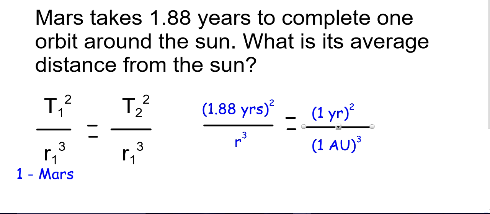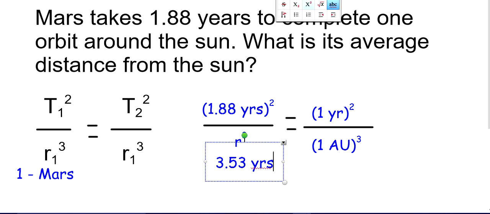So over here is Mars, over here is Earth, and I just want to compare the orbital radius and period of both of them. The simple way to do that is to just calculate it. Now, cross multiply and divide is a beauty. And so what I want to do is take 1.88 and square it. So 1.88 times 1.88 is 3.53 years squared.